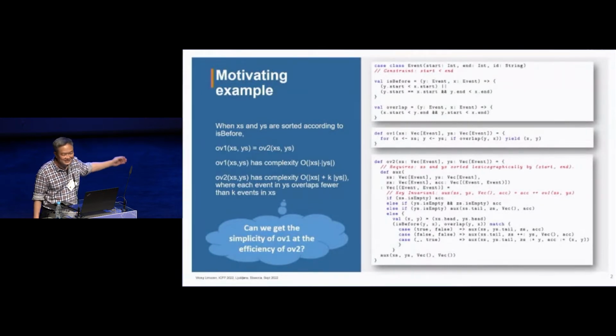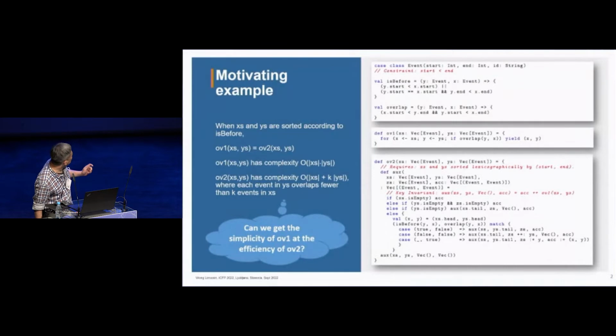Probably at a quick glance, or even if you look at it for a while, you do not instantly get what it is doing. But trust me, OV1 and OV2 are actually the same function. They define the same function under the condition that X and Y are sorted according to the ordering is-before. As long as both X and Y are sorted according to is-before, the two functions give you back the same answer.